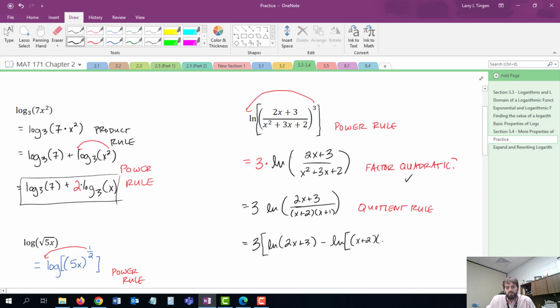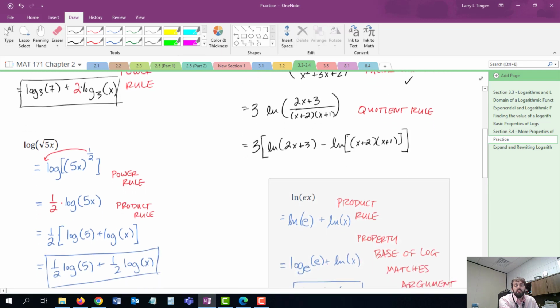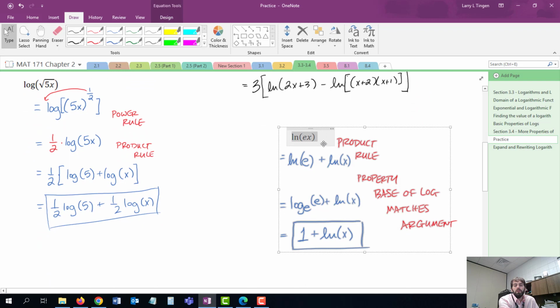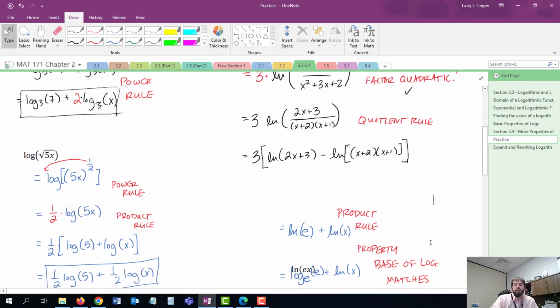X plus 2, just to really drive home the point that the denominator is brought out, and these brackets apply to the natural log. That's the second term, and this bracket applies to the 3.